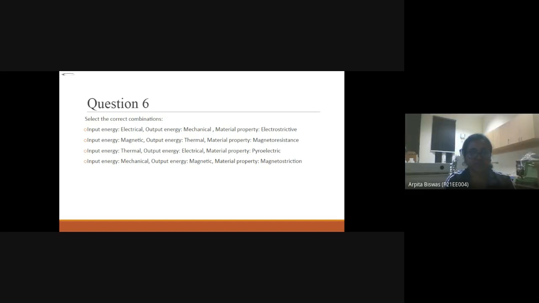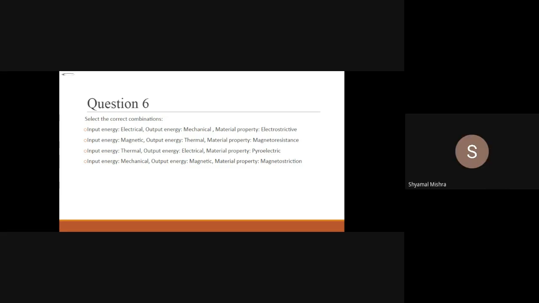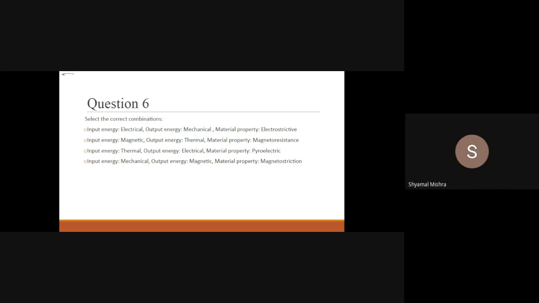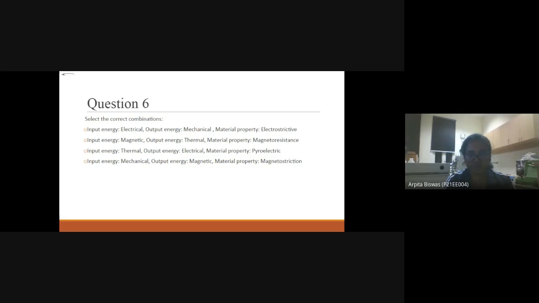The third option is input energy is thermal and output energy is electrical, then the material property is pyroelectric. And the last option is if the input energy is mechanical and the output energy is magnetic, then the material property is magnetostriction. So here multiple options are right.